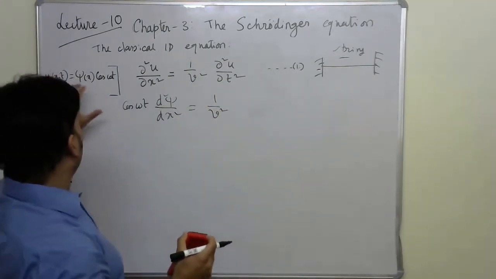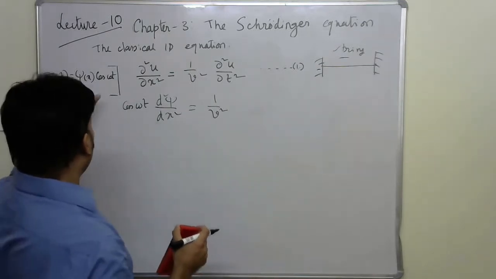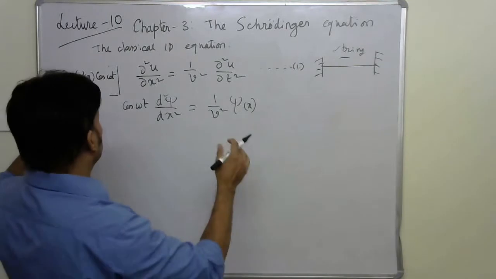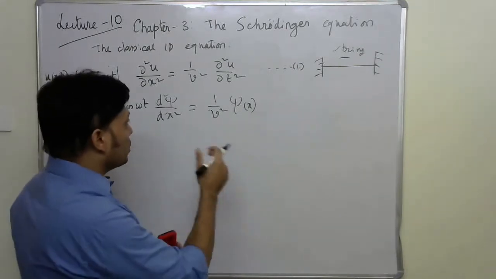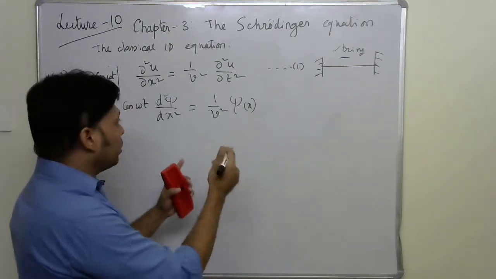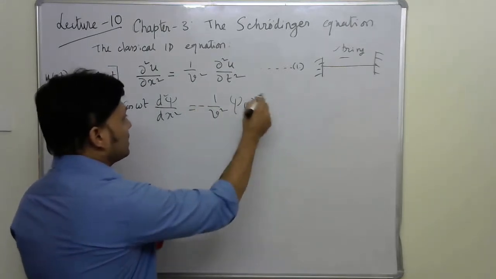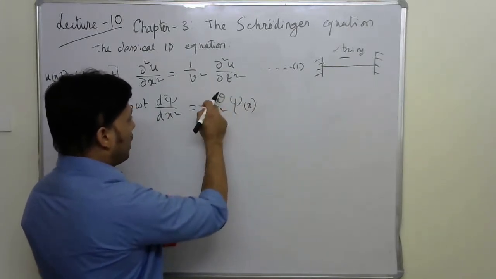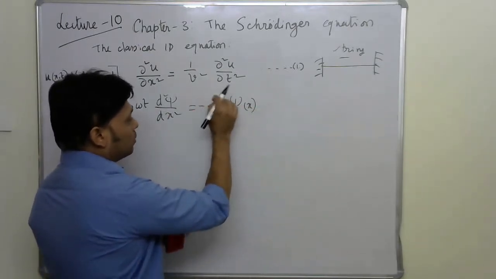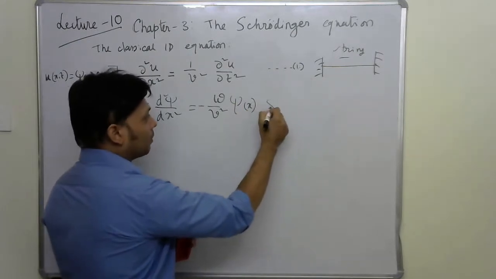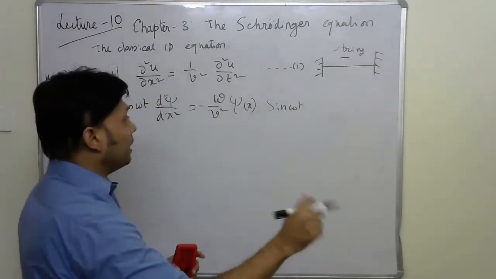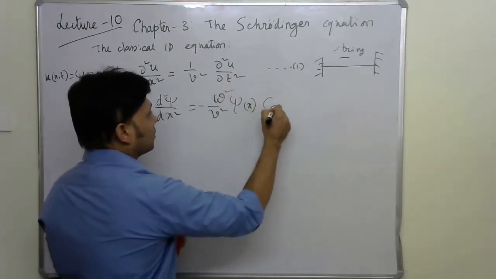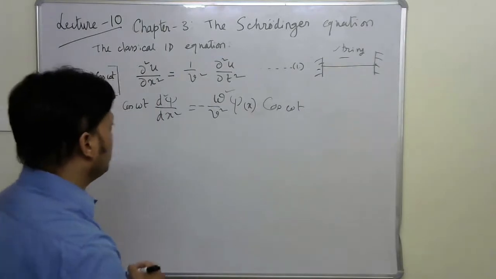Now we take the double derivative with respect to t, where psi x behaves as a constant, and we take the double derivative of cos omega t. The first derivative of cos omega t gives minus sine omega t, and therefore omega comes out: minus omega sine omega t. The second derivative again gives omega square cos omega t, and the negative sign will be there.